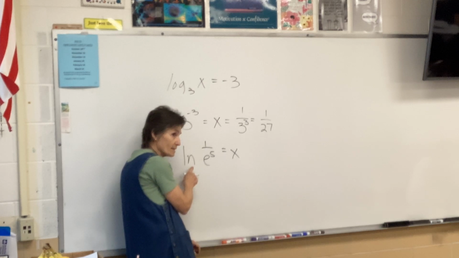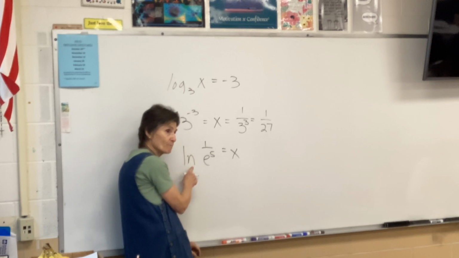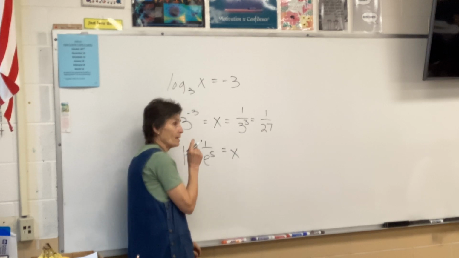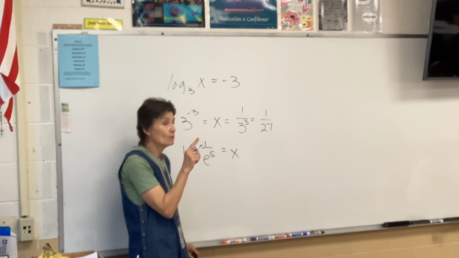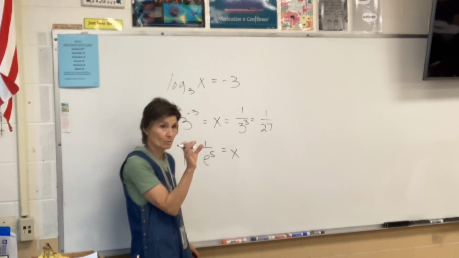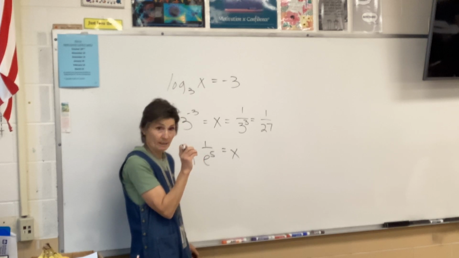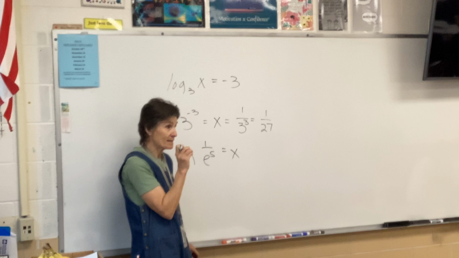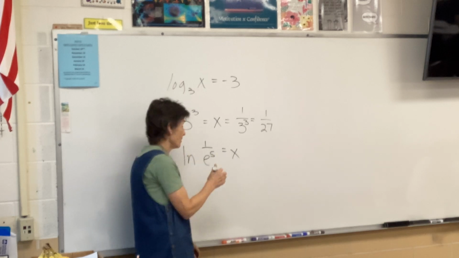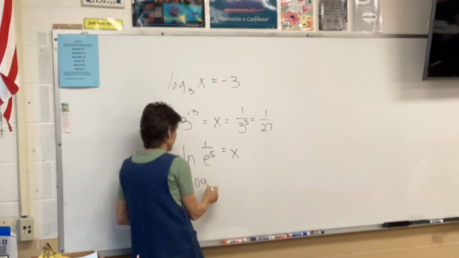Yes, there is. Anybody know what it is? One day we talked about this. If you just see LOG, that means the base is 10. If you see ln, that means the base is e. This is log base e.